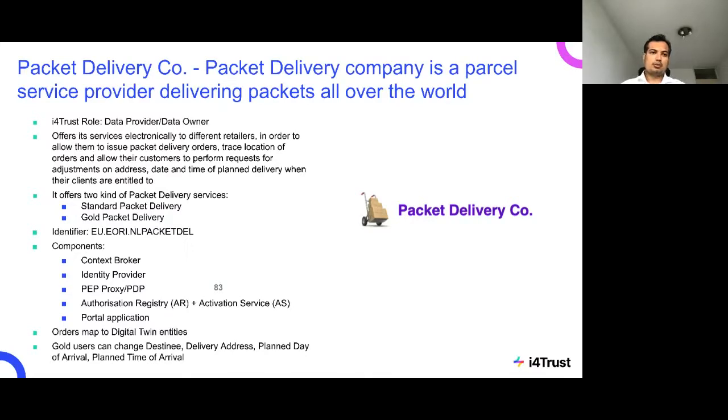On the other hand, it provides a gold packet delivery service, where it allows complete flexibility of the delivery towards its clients, so that they can extend that offering towards their own clients, right? So in the i4Trust sense, it will play the role of data provider and data owner, depending on which part of the use case you are in, right?